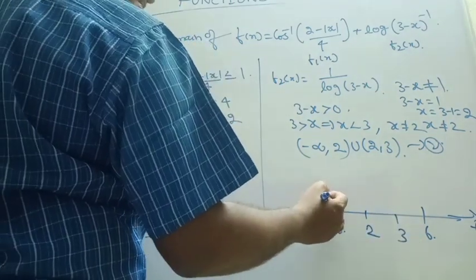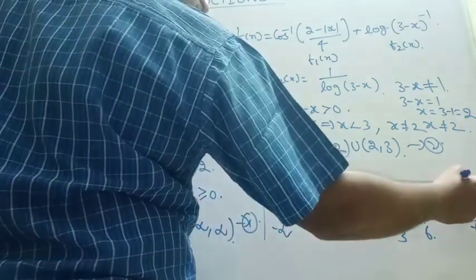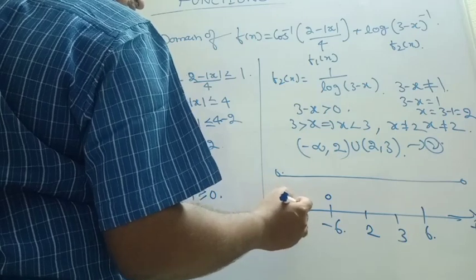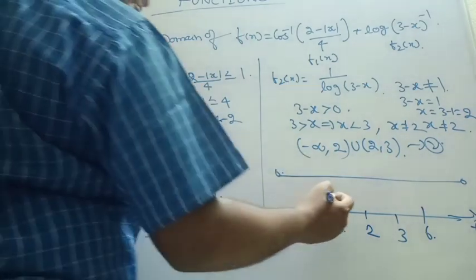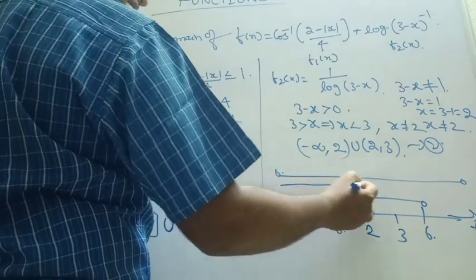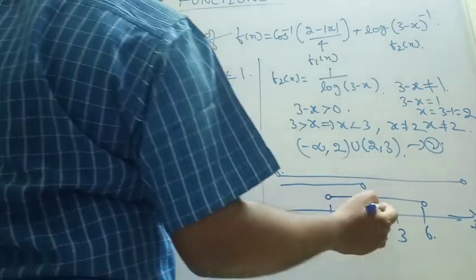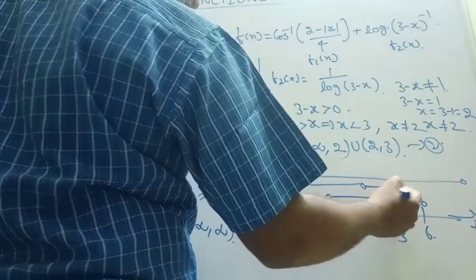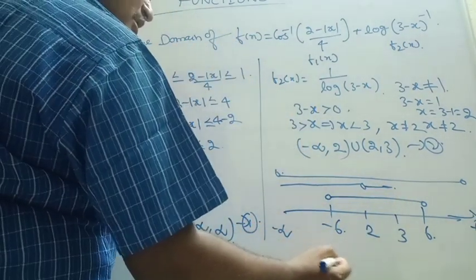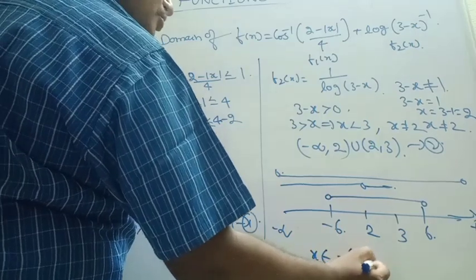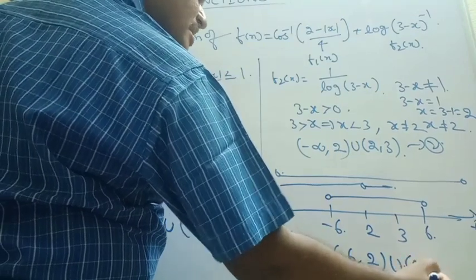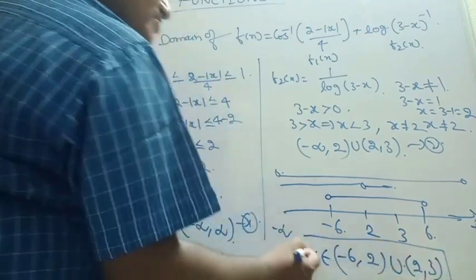Minus infinity to 2 is this, and 2 to 3 is this, of course. Now the common solution: x belongs to minus 6 to 2 union 2 to 3. This is the domain of this particular function.